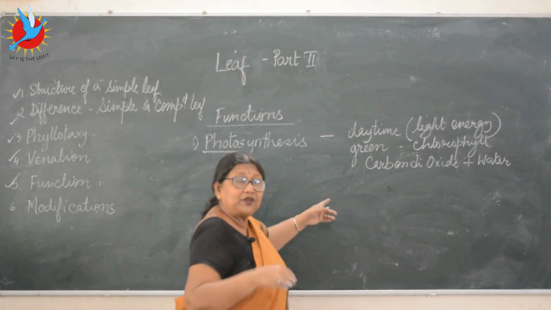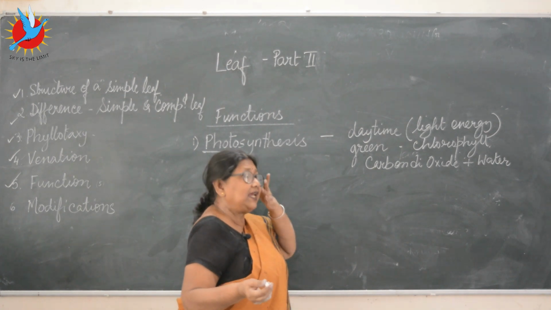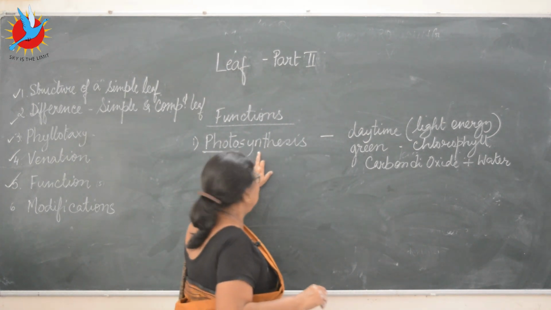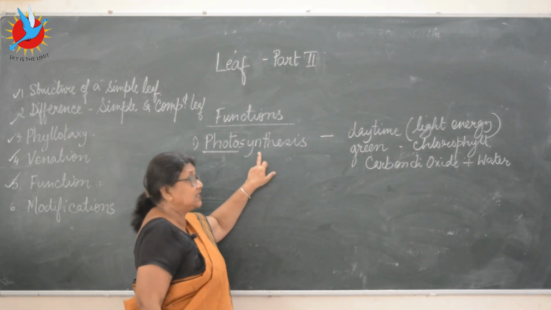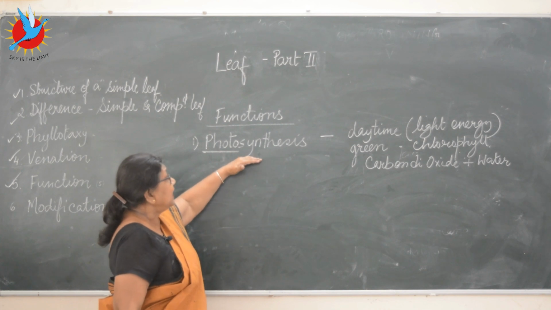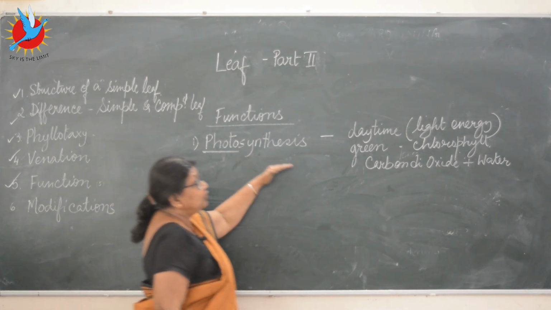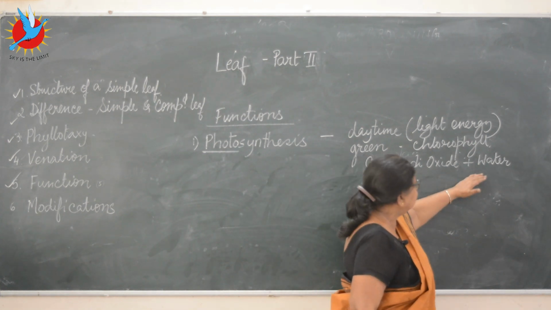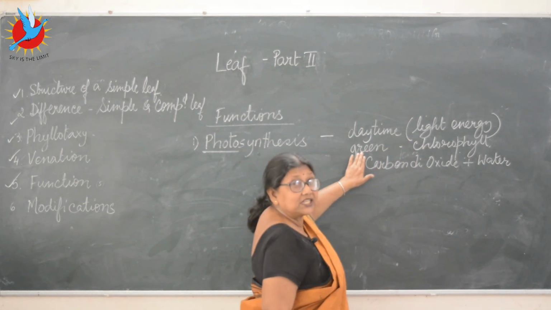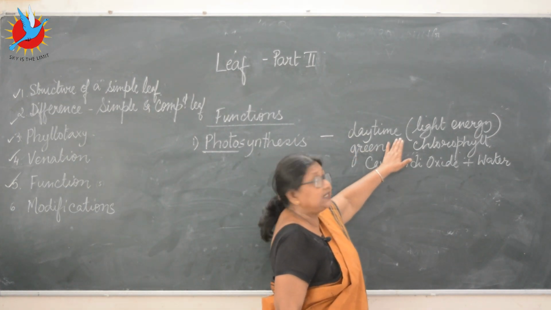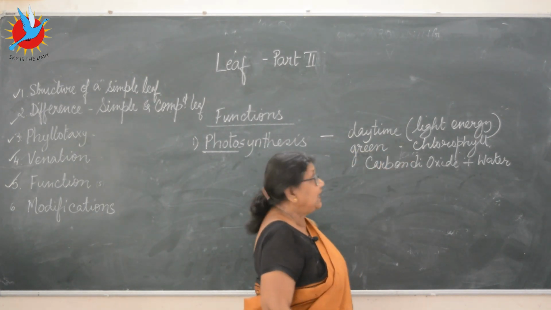Though we breathe out carbon dioxide and say it's not as useful as oxygen, it's very useful when it comes to photosynthesis. So the first important function of the leaf is that they prepare food, with carbon dioxide and water. Which cells prepare? The green cells. And when? During the daytime when light energy is available.